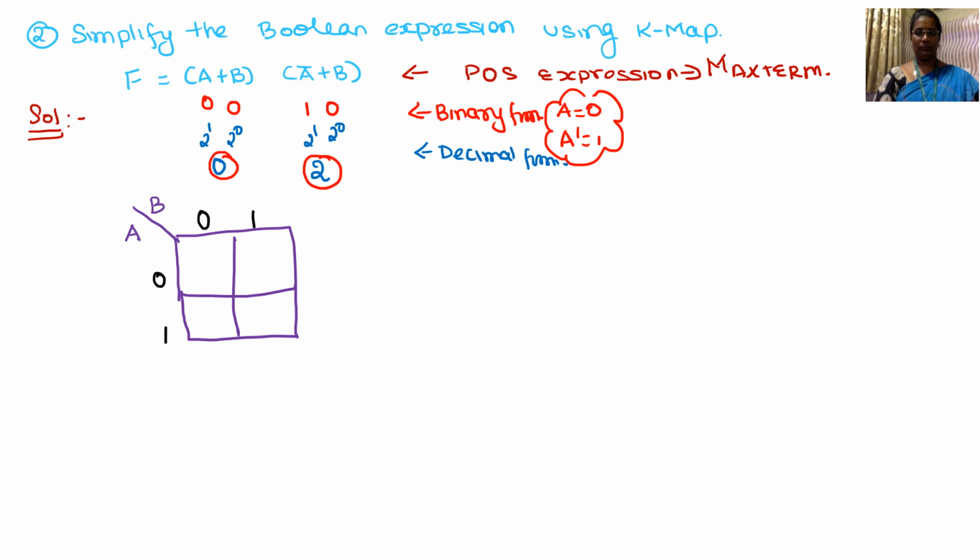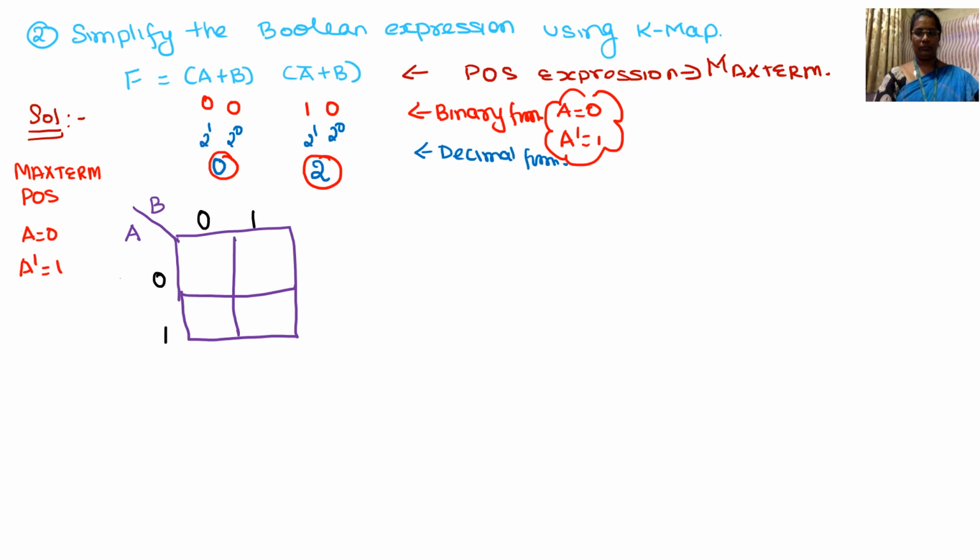Now here the most important thing to note is how you are going to name these variables. Since it is my max term, that is, it is in the form of POS, I am very thoughtful of representing my A by 0 and A complementary by 1.